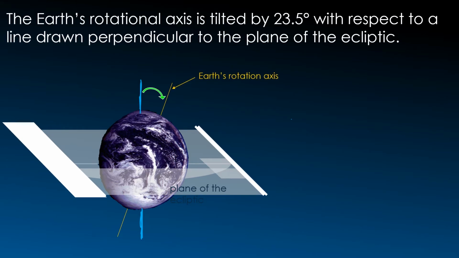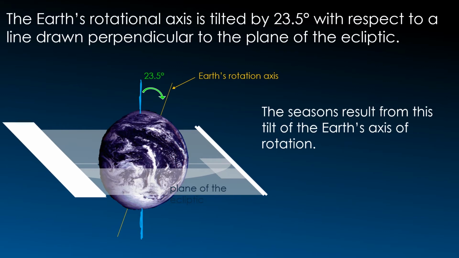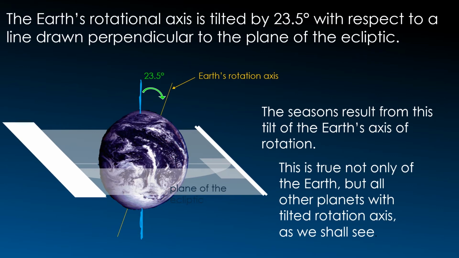There's Earth's rotational axis, and there's that 23.5 degree tilt. So the seasons result from this tilt of the Earth's axis and rotation. And that's true not only of the Earth, but also any planet with a tilted rotational axis.